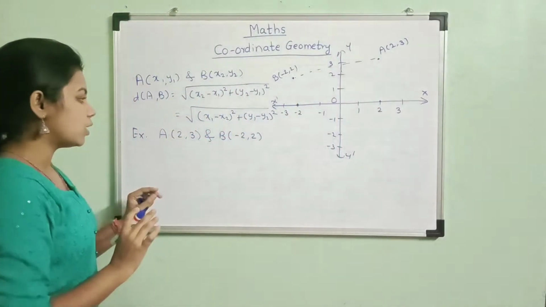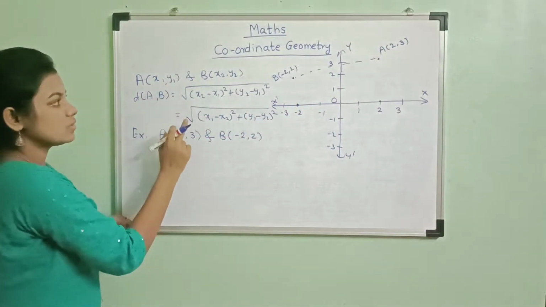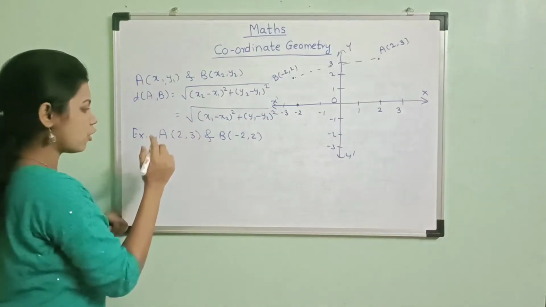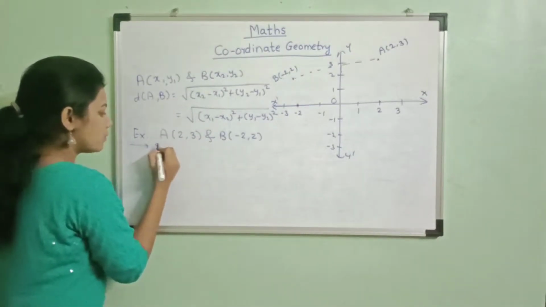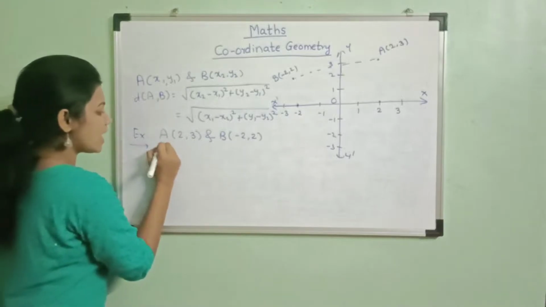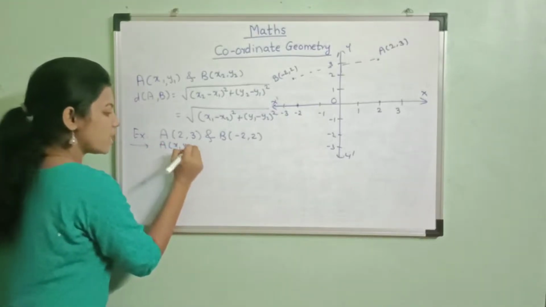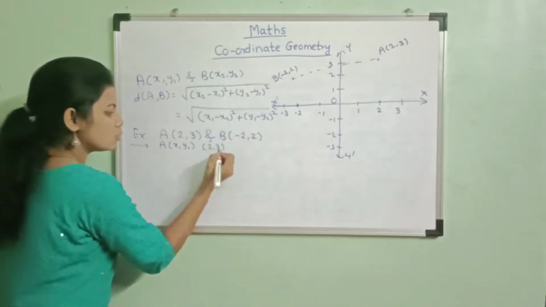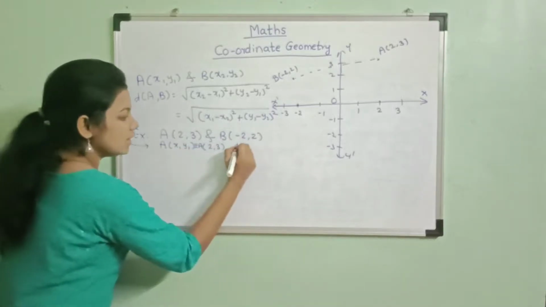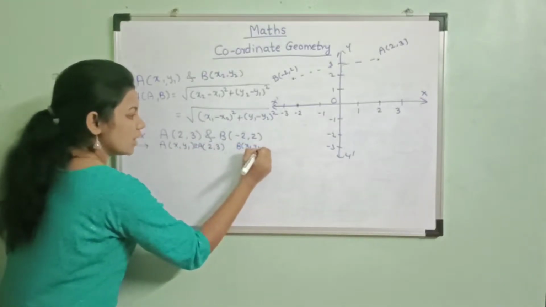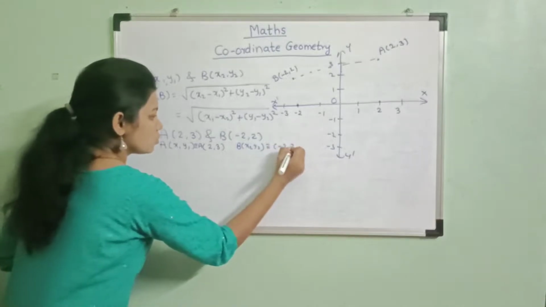So how to find the distance between these two? We just have to use this formula. Suppose I consider A as x1, y1, that is 2, 3, and B as x2, y2, that is -2, 2.